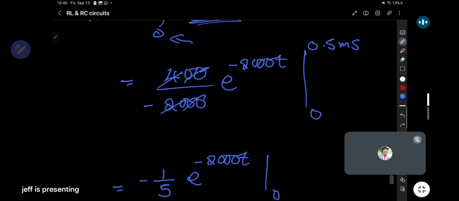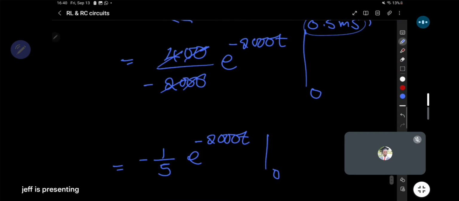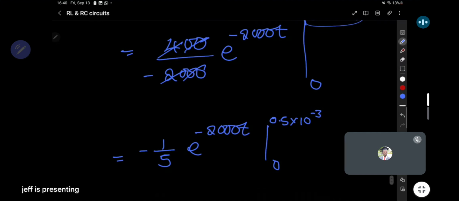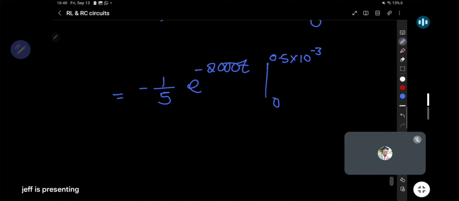In substituting for time, I know the standard for time is seconds. So I'll convert this to seconds, since milli just means 10 to the minus 3. So this is going to be 0.5 by 10 to the minus 3 when I take it to seconds. When I substitute the upper limit, I can keep the minus 1 over 5 outside.